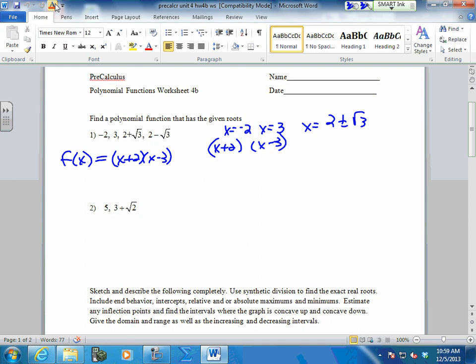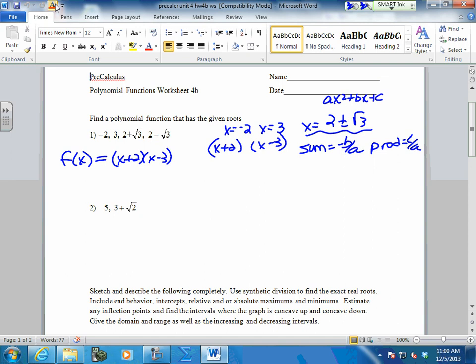Now, we need to work with this one. We did this again yesterday. How did we find a quadratic that had those roots that were irrational roots? How did we find it? No, we did it by the sum and the product. Sum, product. Because it's going to fit this format.